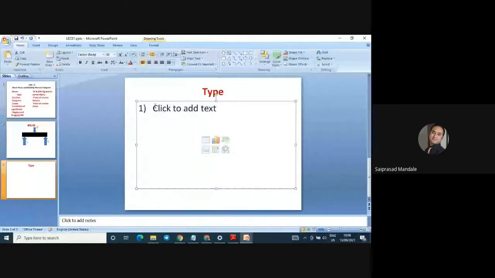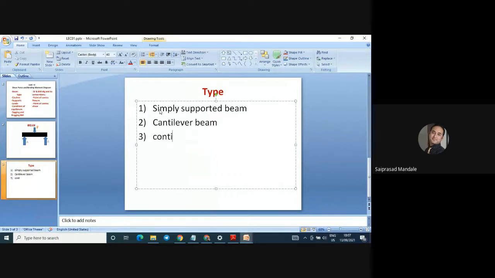The first type of beam is the simply supported beam. The second one is the cantilever beam. The third one is the continuous beam.